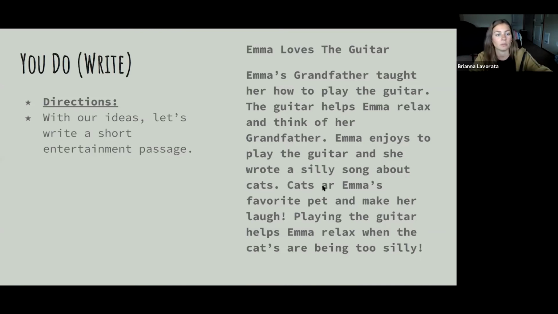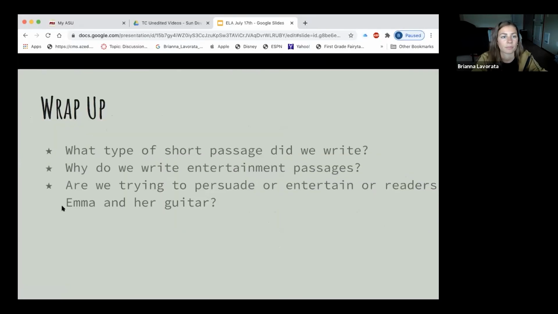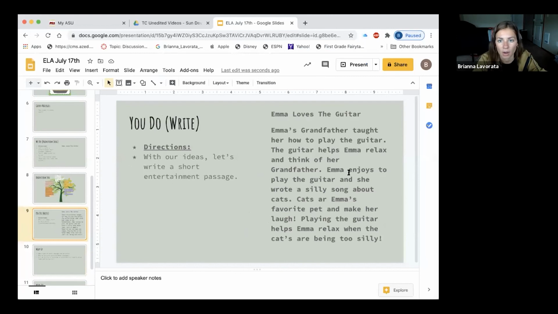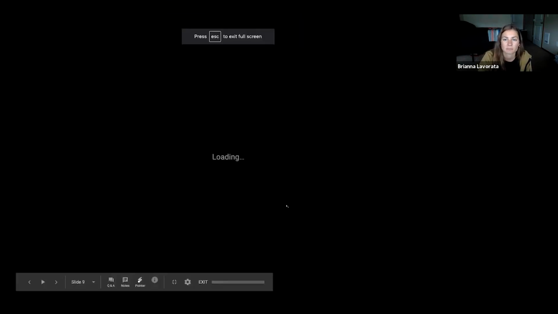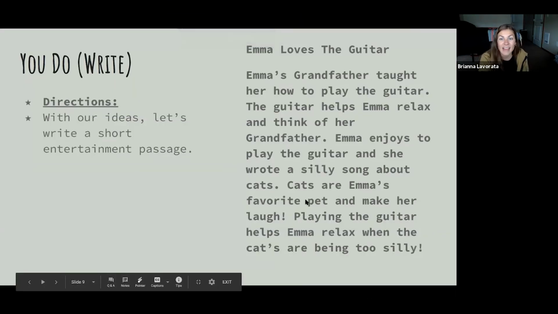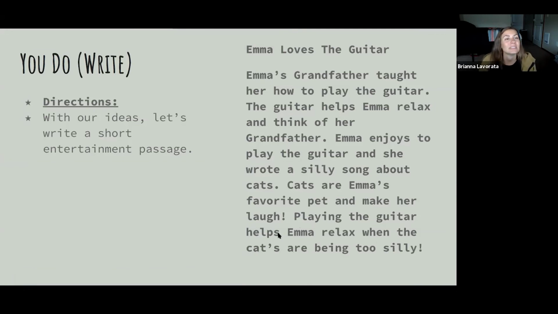Cats are, oh, we have a typo here. So it says cats are, forgot to put the E. Cats are Emma's favorite pet and make her laugh. Playing the guitar helps Emma relax when the cats are being too silly.